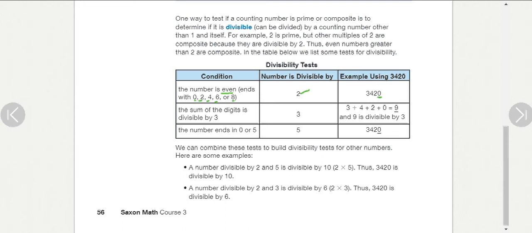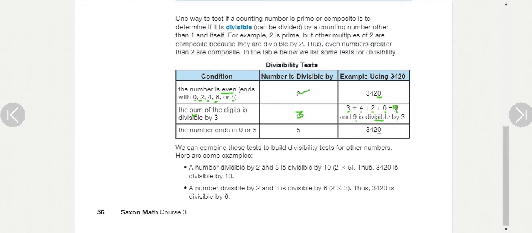What's the divisibility test for 3? How do we know if a number can be divided by 3? You can actually add the digits like in the number 3,420. You would never do this in any other case, but 3 plus 4 plus 2 plus 0 is 9. Then you ask if that sum is divisible by 3, which is much easier to tell than the number 3,420 mentally.